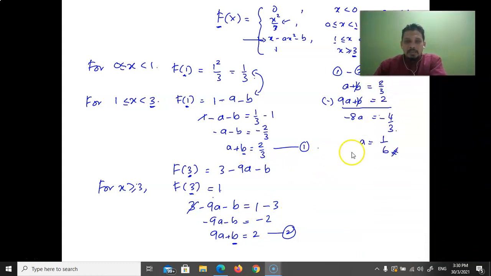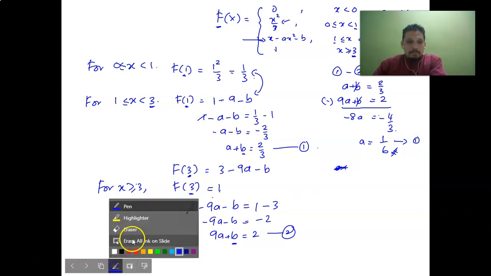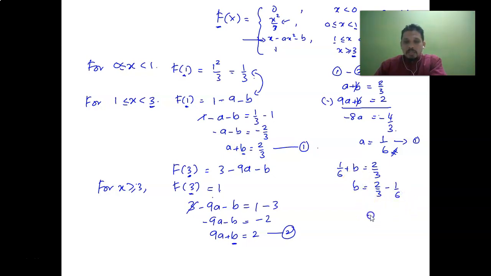Okay, so substitute this into equation 1. A is 1 over 6, so 1 over 6 plus b equal to 2 over 3. We use equation 1 here: a plus b equal to 2 over 3. Then b equal to 2 over 3 minus 1 over 6.